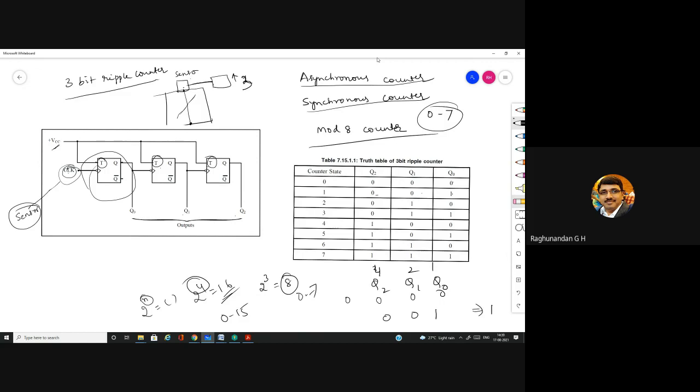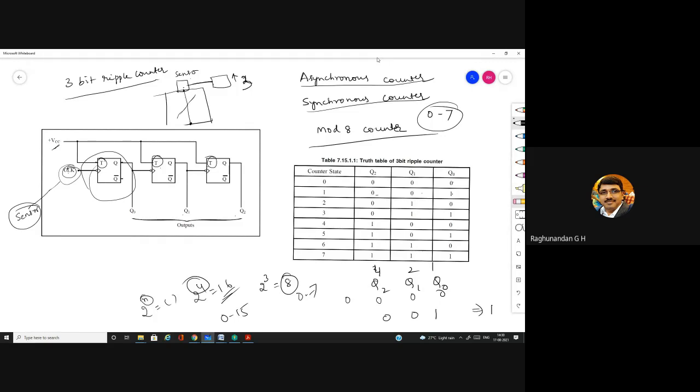After that, when the next clock pulse is given, Q1 will be 1 and Q0 will become 0. You can see that Q0 will keep on changing: 0, 1, 0, 1, 0, 1. Like that, it keeps on changing.